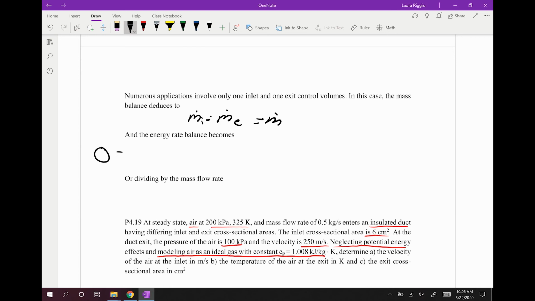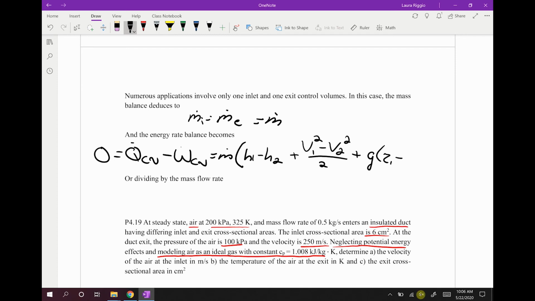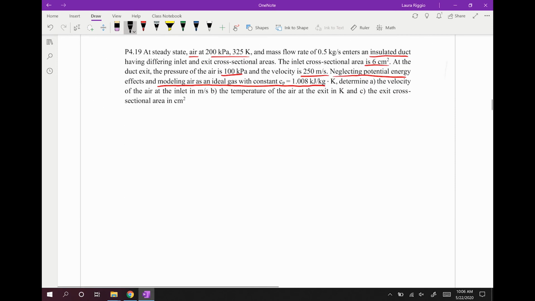And our energy rate balance becomes Q minus work is equal to our mass flow rate times H1, our enthalpy in, minus our enthalpy out, plus our kinetic energy in minus our kinetic energy out, plus our potential energy in minus our potential energy out. Again, assuming 1 is our inlet and 2 is our outlet.